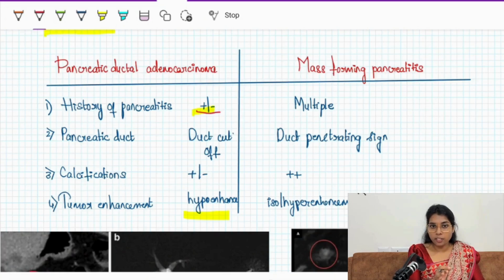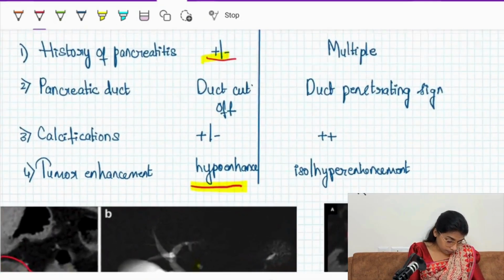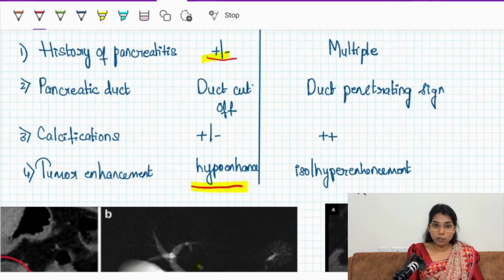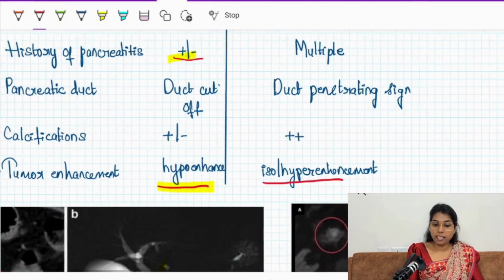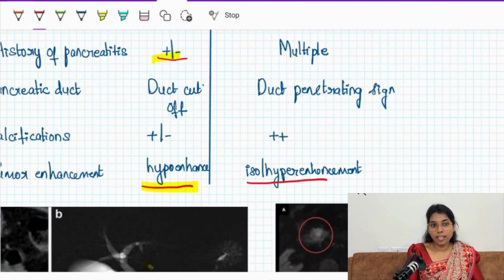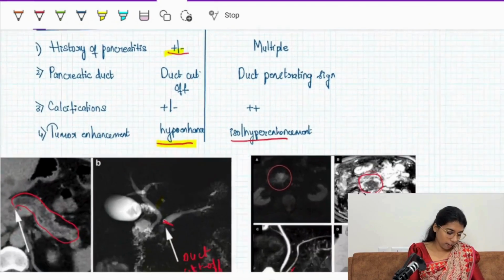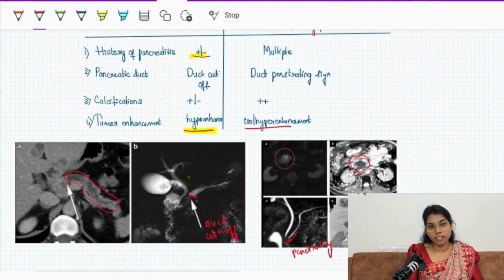Presence of calcification goes more in favor of mass forming pancreatitis over PDAC, but however both can have calcifications. The other most important one is tumor enhancement. We already know PDAC will show hypoenhancement with gradual centripetal filling in, whereas mass forming pancreatitis will be hyperenhancing on post-contrast sequences. So guys, here we end the topic of pancreatic ductal adenocarcinoma.